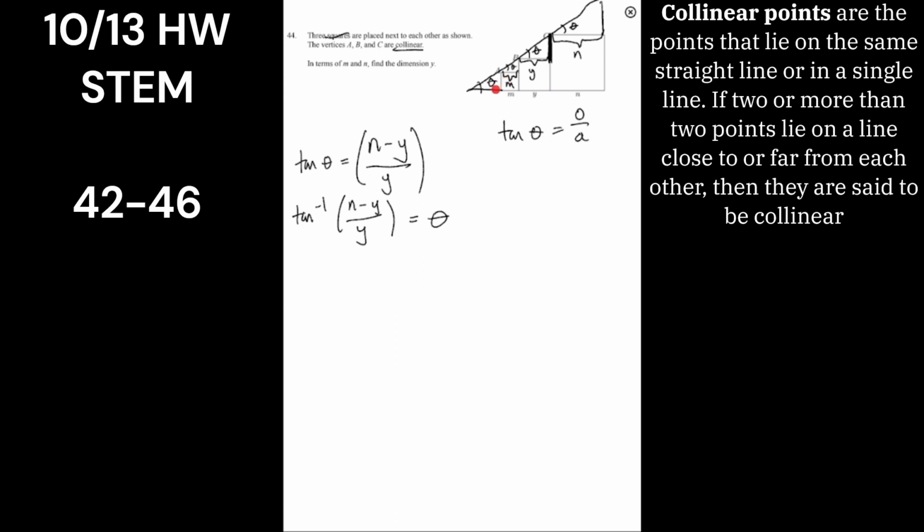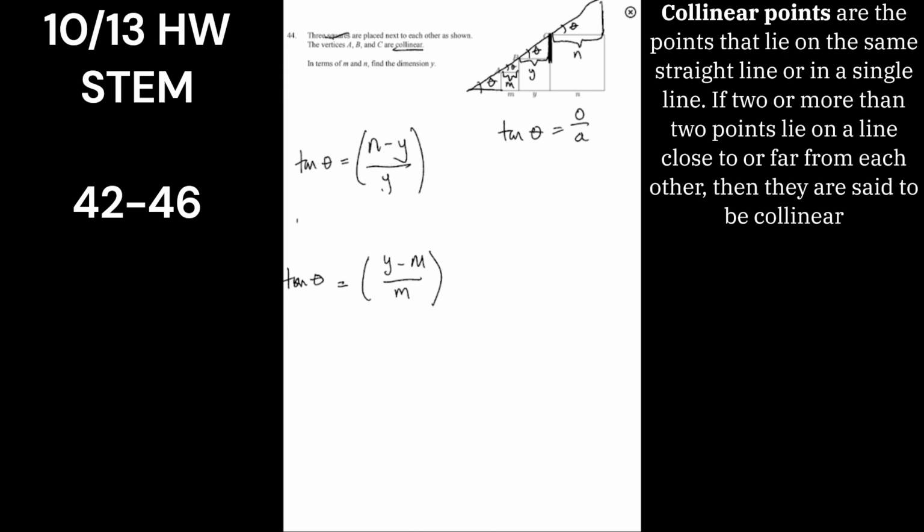Now here we know that theta is here, which is y minus m over m, and I just realized that I don't need this inverse tan stuff, because this is the nice part.